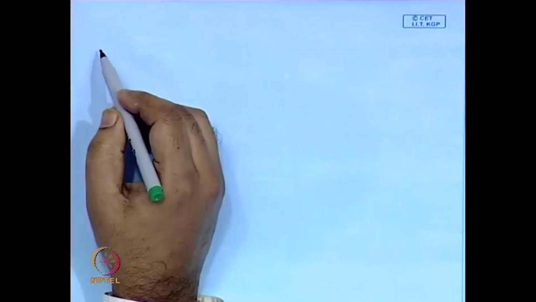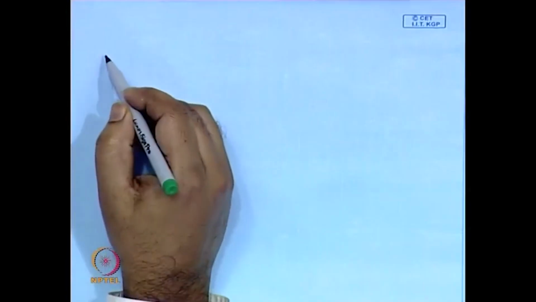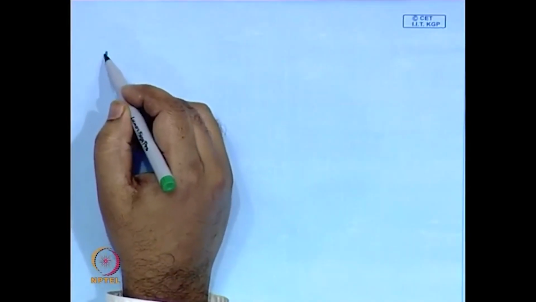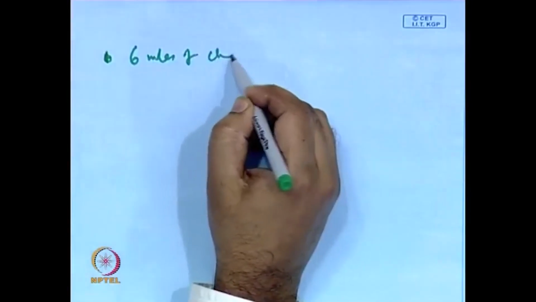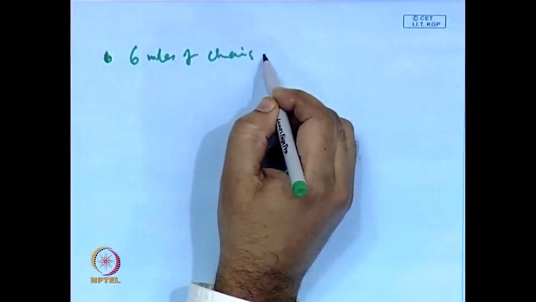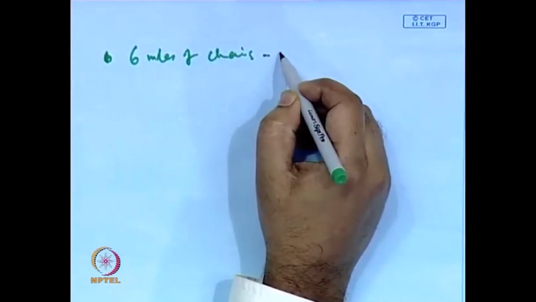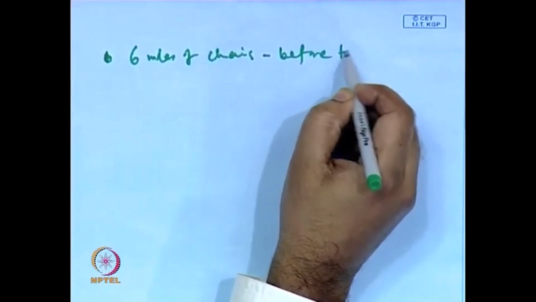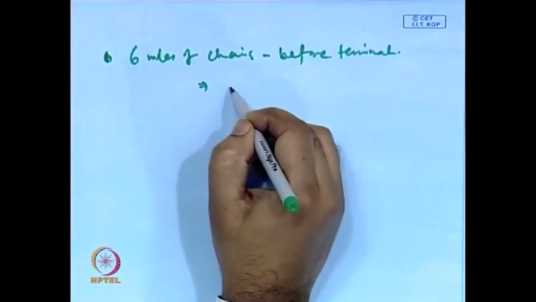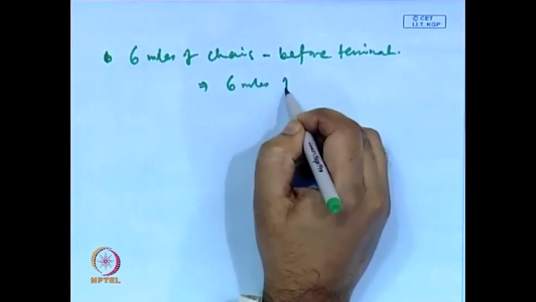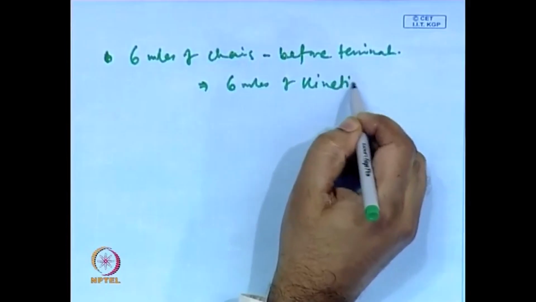Now, what will happen? These 6 moles, there are 6 moles of chains before termination, or otherwise 6 moles of kinetic chains.